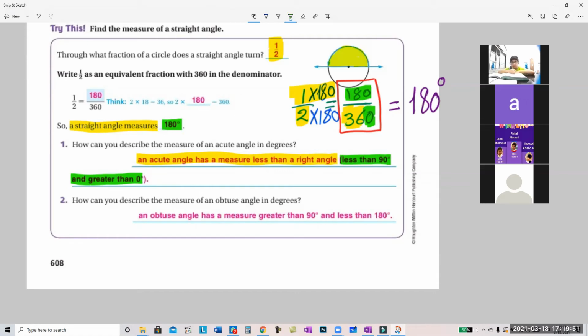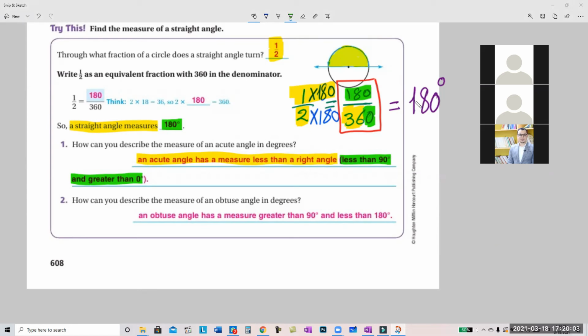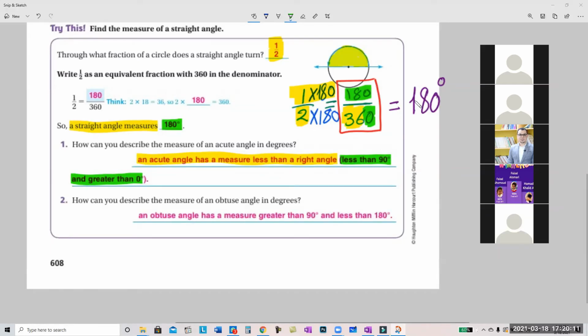Who can help? Let me lower your hands all, and if you want to answer, raise your hand again. Okay, Rakan. Give me an example for an acute angle. Again, the acute angle must be less than 90 degrees and greater than 0 degrees.